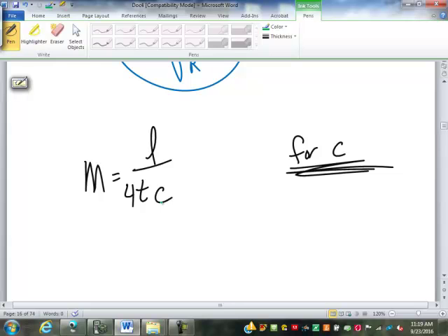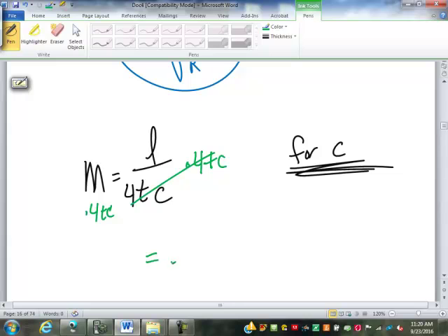Depends on what tactic you take. Some people would multiply by the whole 4TC. Did anybody do that? Show of hands. One of you? A couple of you? Okay. That works fine. Multiplied by the whole 4TC. Now this is gone.